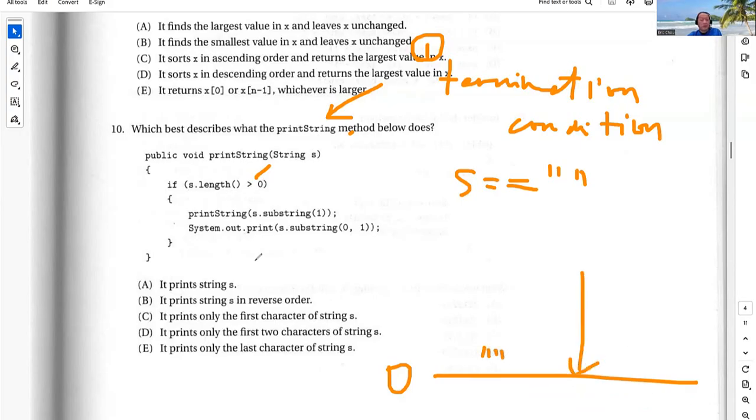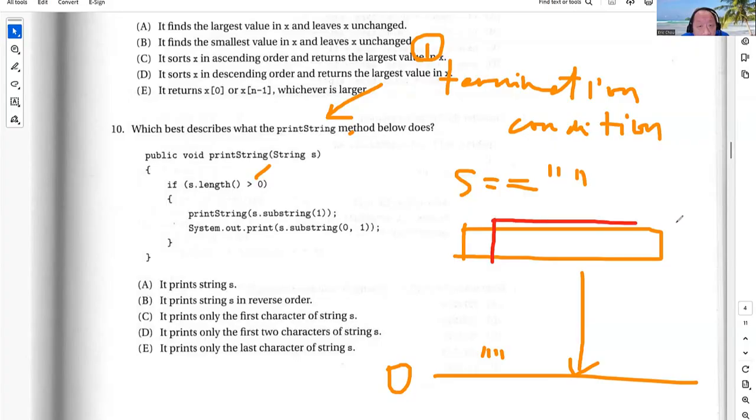So how does this algorithm behave? Now we don't care about the termination condition. It's greater than 0. So every time, what do you do? You have a string, and you print out the rest of the string. You print this part, and then you print the single character. So you print the single letter after your smaller case.